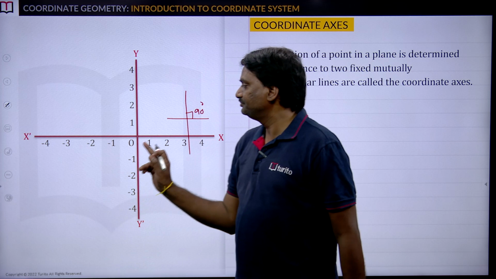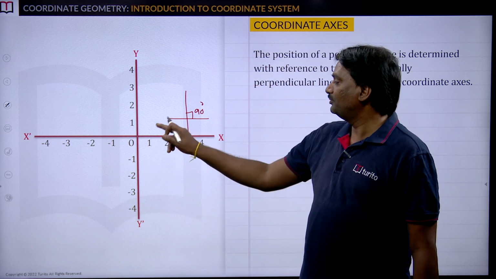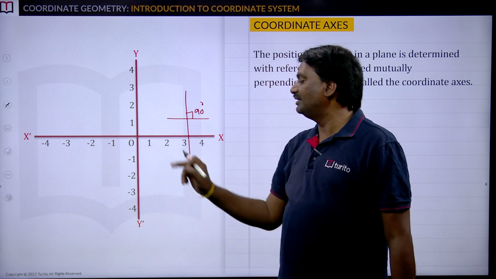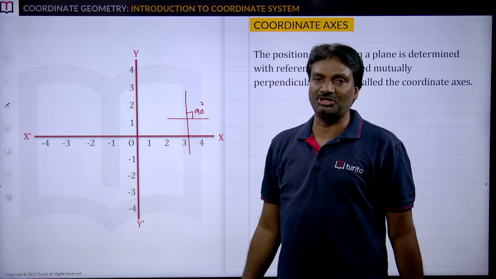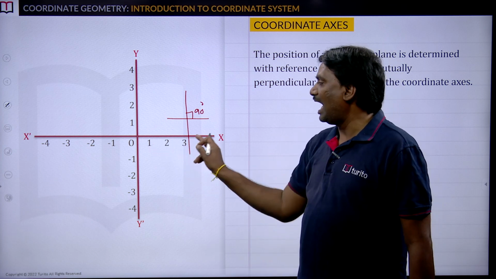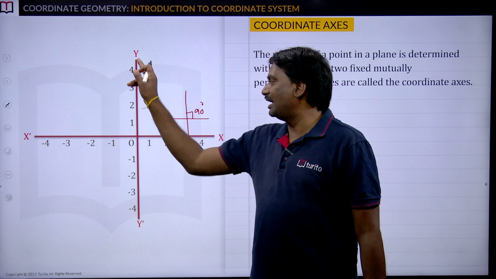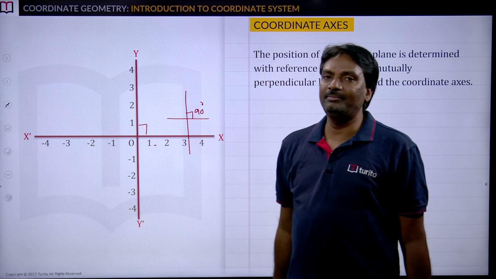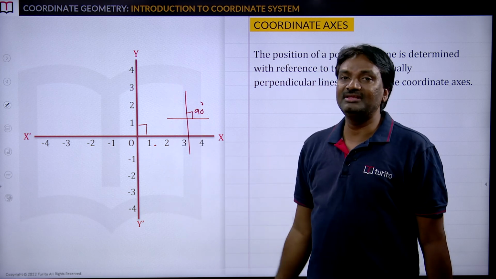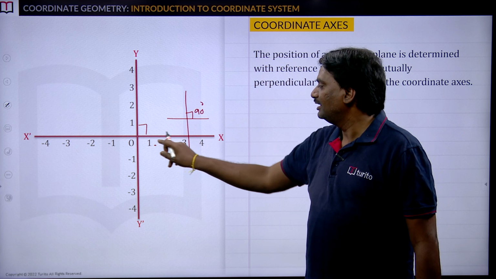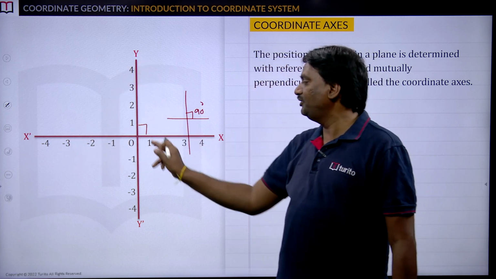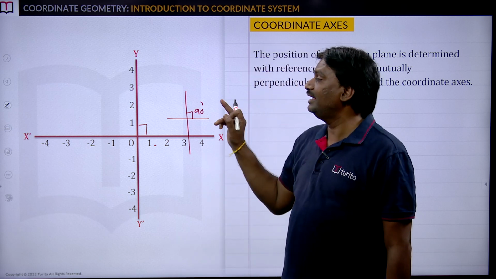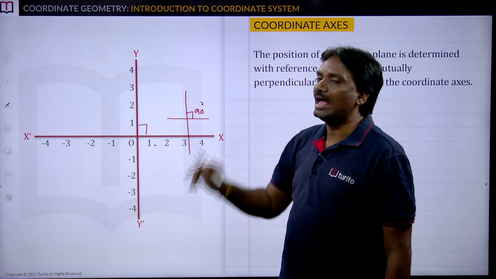Here we have x, this is O, this is x dash, y, this is O and this is y dash. O is nothing but 0. The angle between x O x dash and y O y dash is 90 degrees. Now, we can say x O x dash and y O y dash are the mutually perpendicular lines and they are known as coordinate axis.